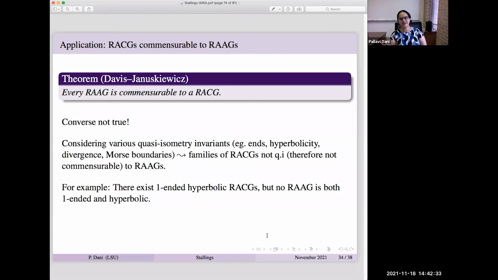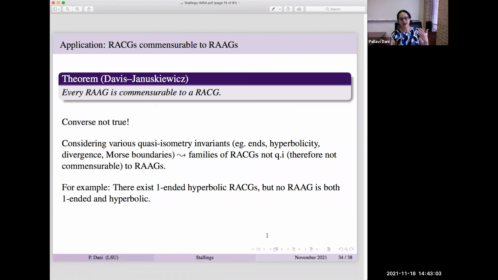I forgot to put the definition of commensurability, but what I'm talking about here is abstract commensurability. I say that two groups are commensurable if they have subgroups of finite index which are isomorphic to each other. If two groups are commensurable, then that implies that they're quasi-isometric.